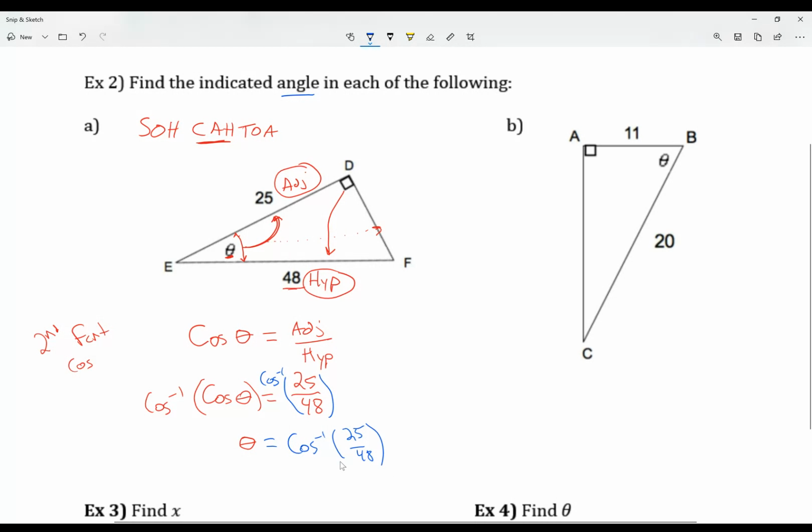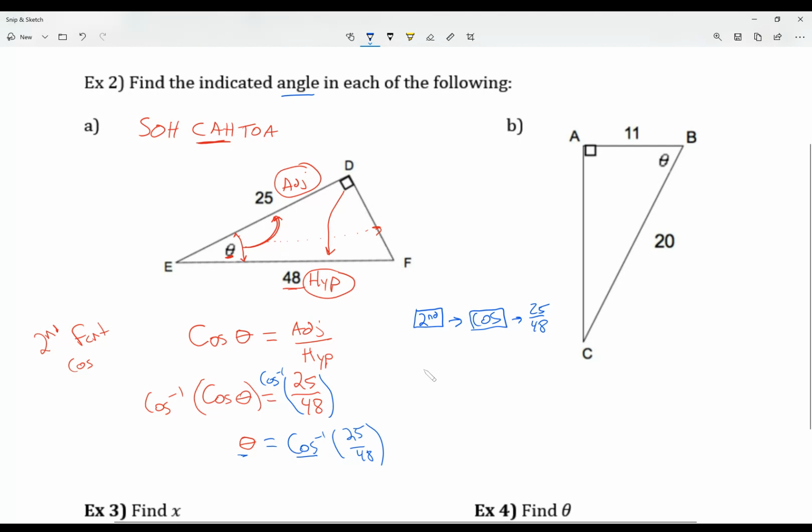Now, if I lost you with that explanation, all you really need to know is that if you're finding the angle here, on your calculator, you're going to take the second function cos of this fraction. You're not going to take the regular cos. So on your calculator, you have to push, and I call it the second function because there's a second function button, and then you hit the cos button, and then you put in your fraction, 25 over 48.